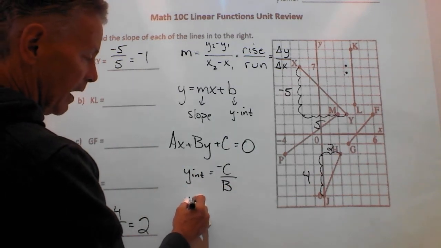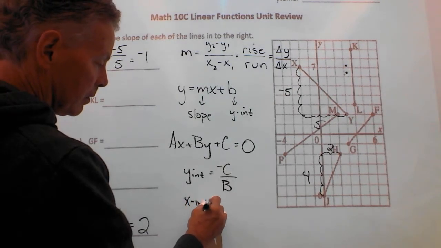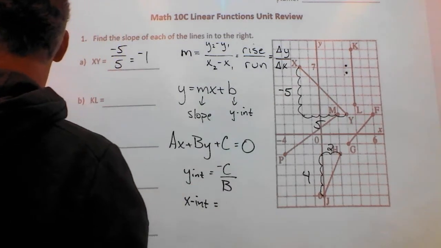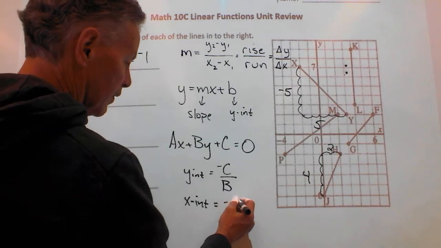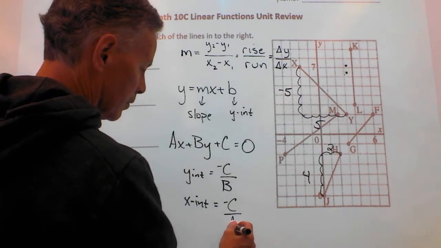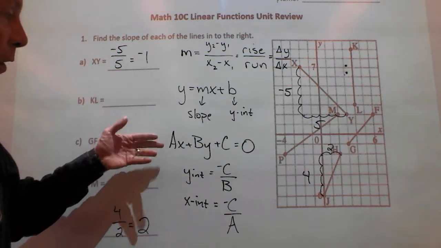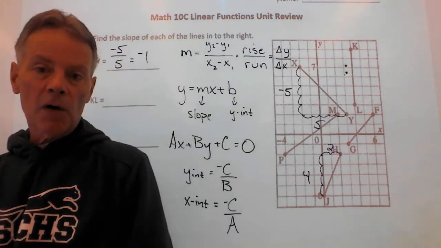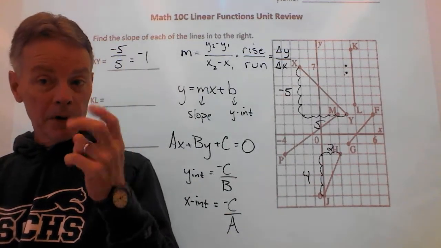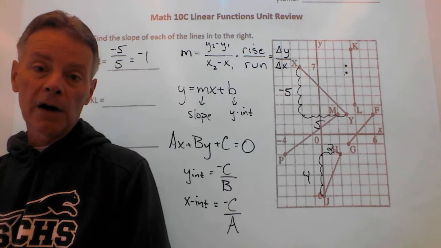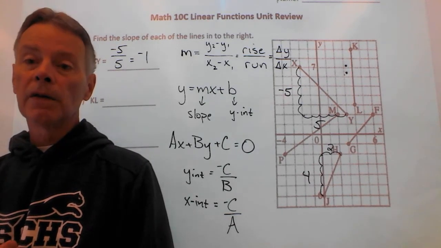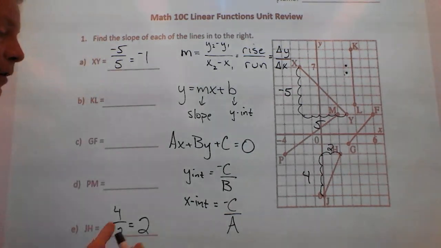Similarly, to find the x-intercept, it's simply negative C over A. So when you have something in general form, it's really easy to get those 2 points. Okay? So that's where the general form can be very useful.